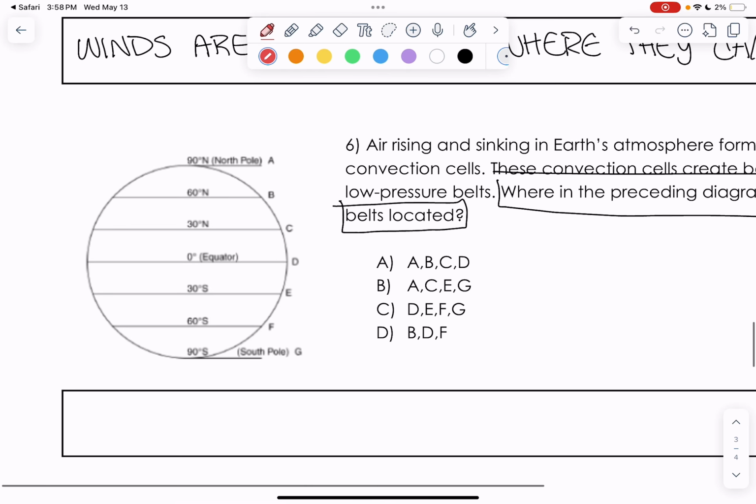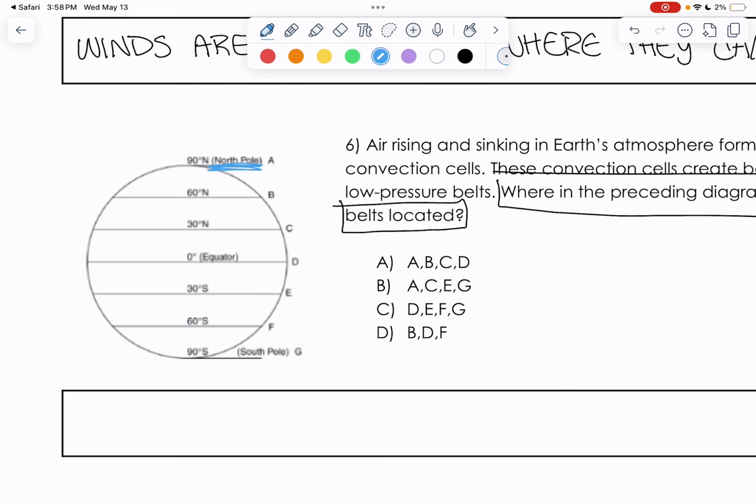Let's look at this picture of the Earth. I know that it is not hot at the North Pole, and it is not hot at the South Pole. That means that the air is going to be sinking towards the Earth at these places because it's a high pressure area. I'm going to write H for high pressure. I see the opposite at the equator where there is warm air.